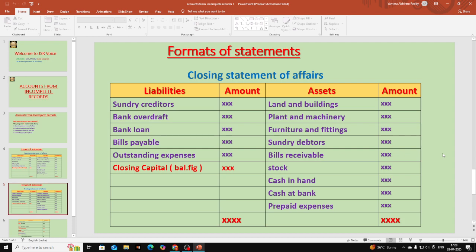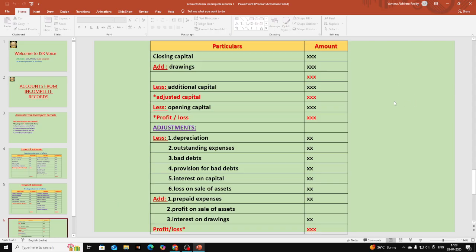The second statement is the closing statement of affairs, and this is the format of that. The third one is the statement of profit and loss. This is the format of that. The fourth one is the final statement of affairs. I already told you that I will explain that whenever I discuss the solution for any question, because we are going to prepare it like a balance sheet along with adjustments, and the total should get tallied. So this is clear, students.